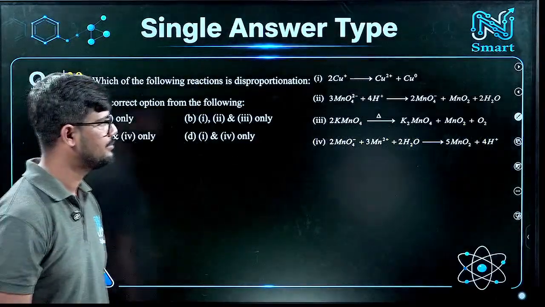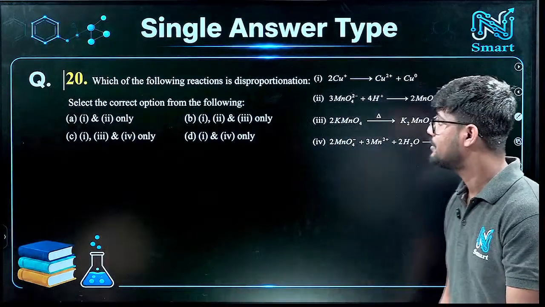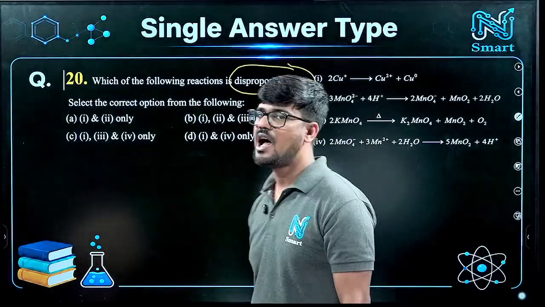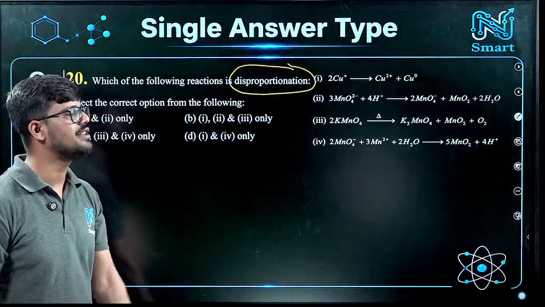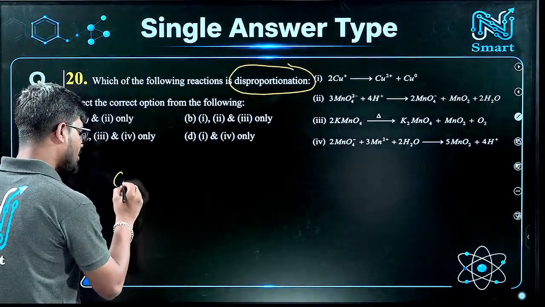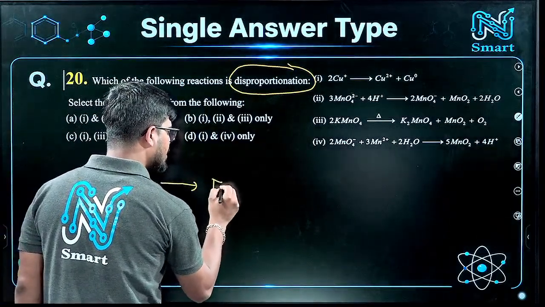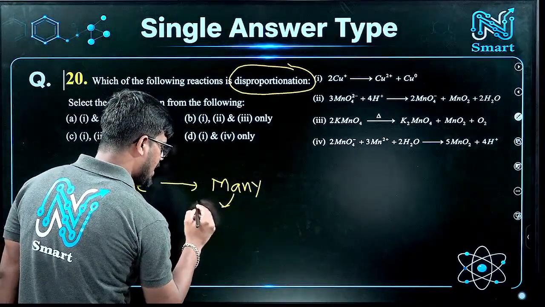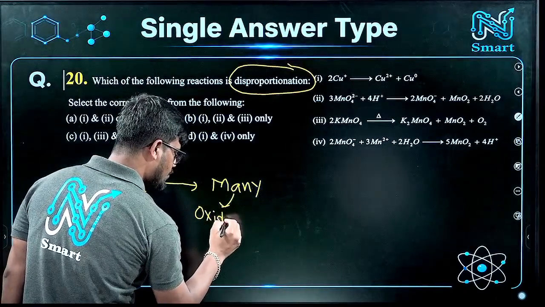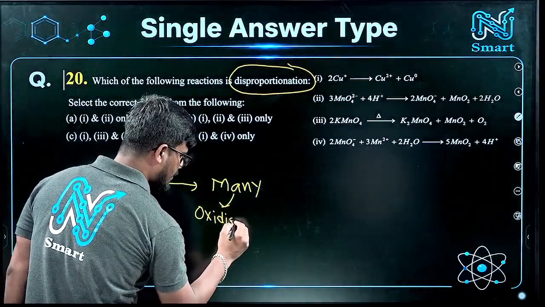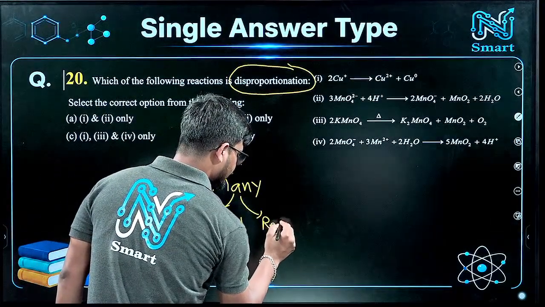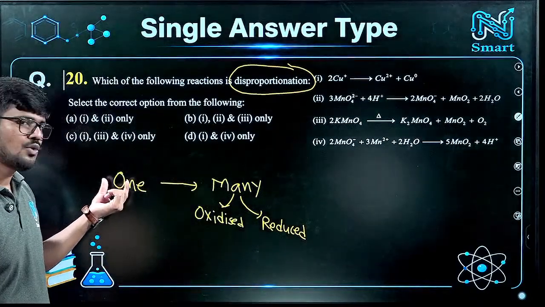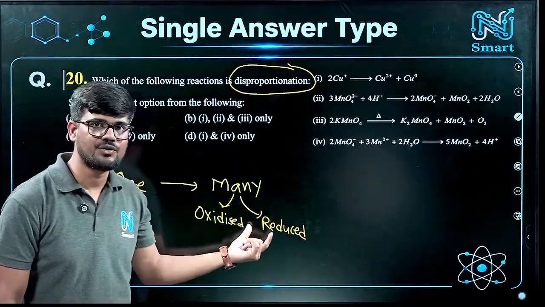Next, this question. Can you answer this question? Disproportionation. So how will we define disproportionation? It means from one oxidation state you get many oxidation states, and among those, the same element must be oxidized in one case and reduced in another.